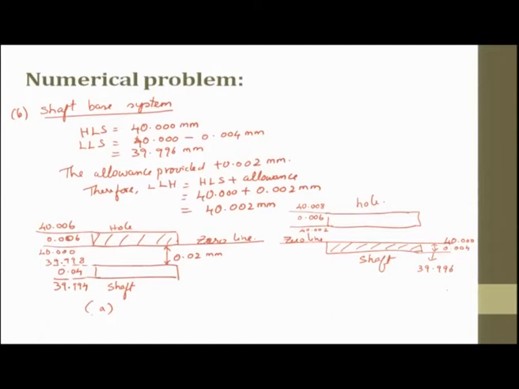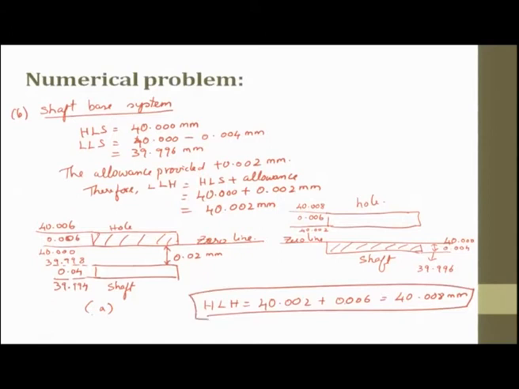Finally, to close, you have not filled up one: HLH is equal to 40.002 plus 0.006, which is nothing but 40.008 millimeter. So, this is important to solve it, and the rest is taken from here.